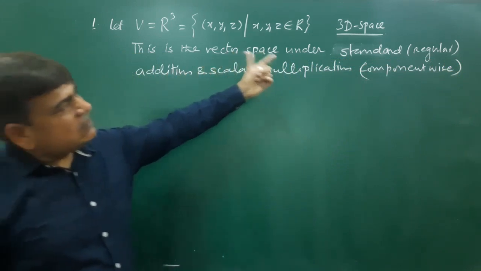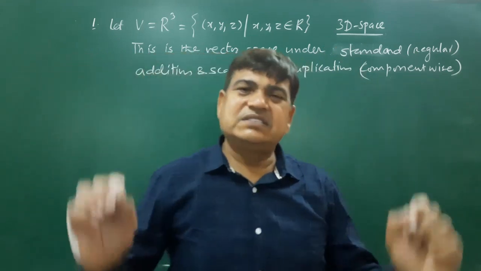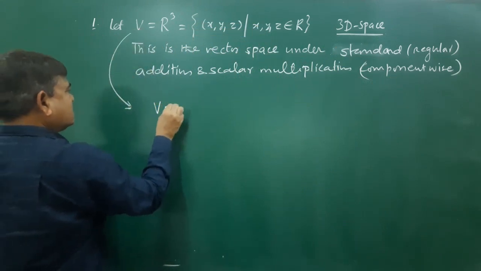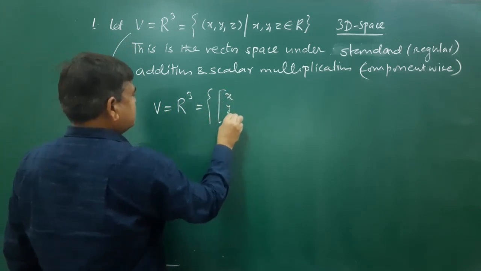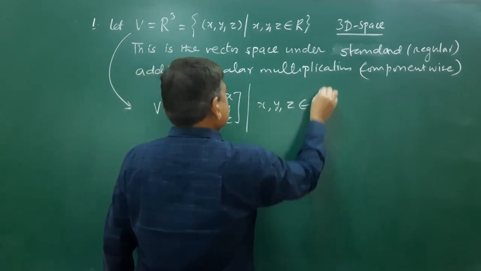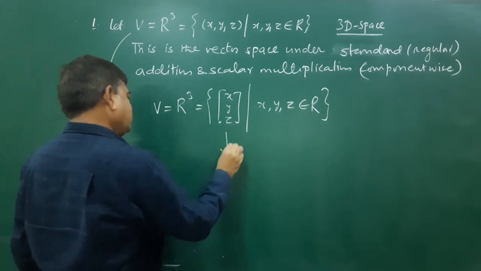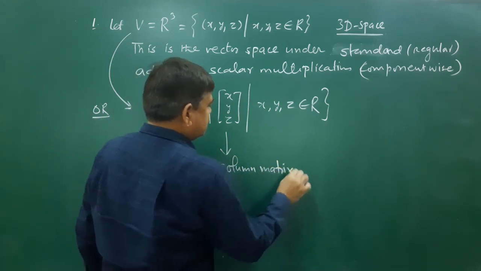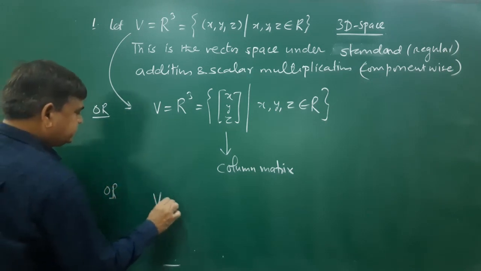Sometimes it is written in terms of a column matrix, or may be given in terms of a row matrix.